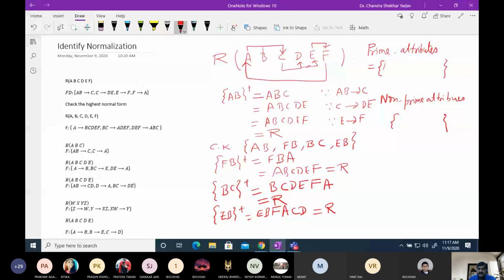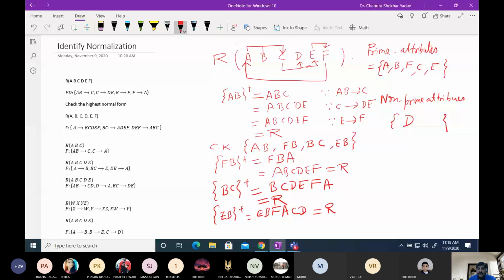So A participates in the formation of a candidate key. A is a prime attribute, B is prime, F is prime, C is prime, and E is prime. And of the rest of the attributes, which attribute is left, which is not part of any candidate key? D. So D is a non-prime attribute or non-key attribute.